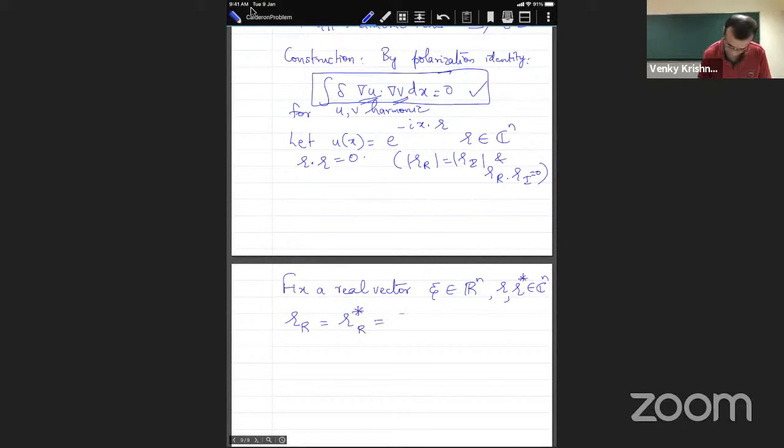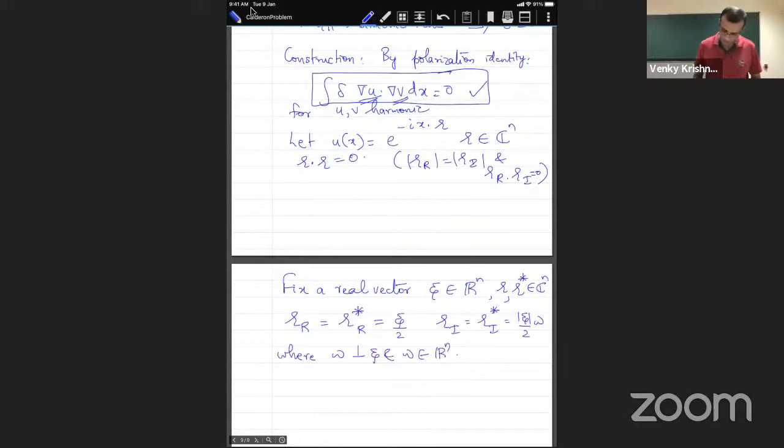Let me take this to be equal to c by 2. And let us take our imaginary part zeta I equal to zeta I star. Let us take this to be equal to mod c by 2 times omega, where omega is perpendicular to c and omega belongs to Rn.